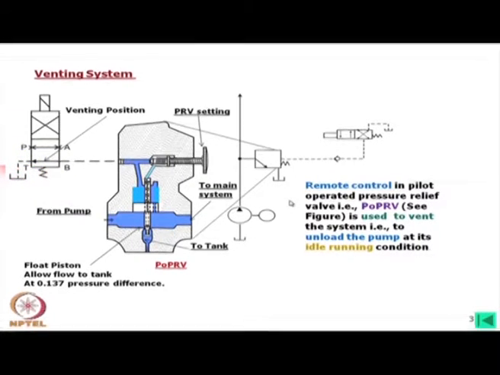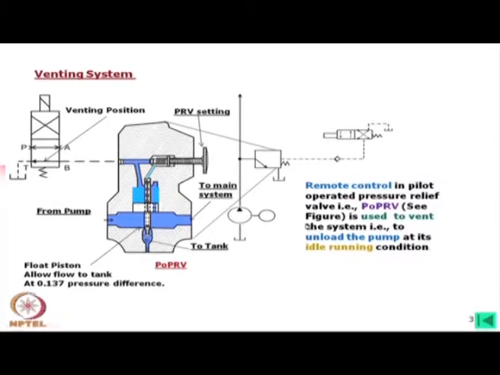In more detail, the inner construction of this valve which is being used for venting, which is a pressure control valve, almost functions like a pressure relief valve, and looks like this.